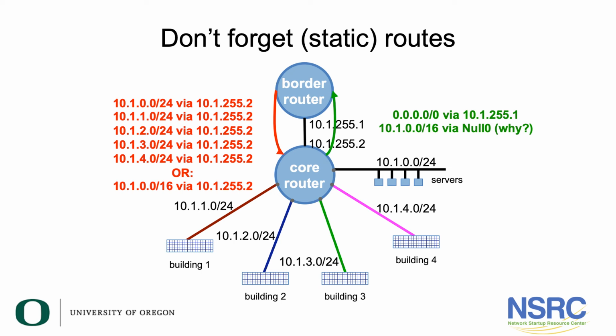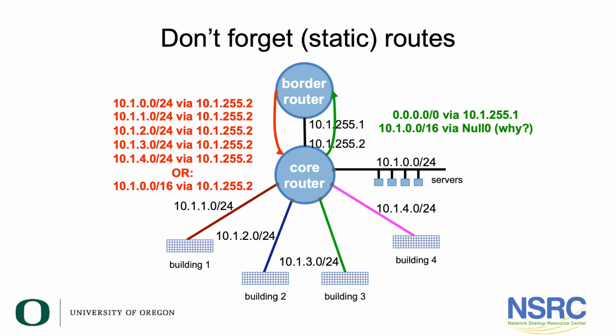And the border router is going to look at the destination, and the destination is in the /16, which is down. So you create a routing loop of a packet that is being bounced around between the core router and the border router. So the null 0 is for the entire /16, but if there is a more specific route, like a /24, because you've configured an interface, then any packet with a longer prefix match will use that particular route to get to the destination.